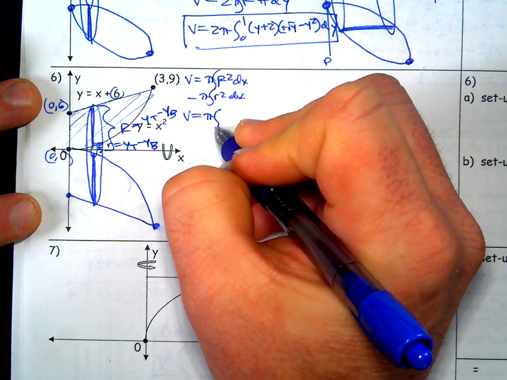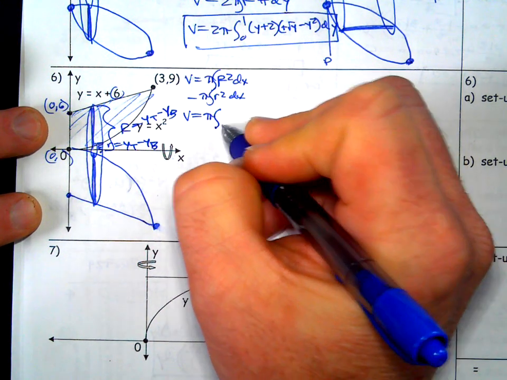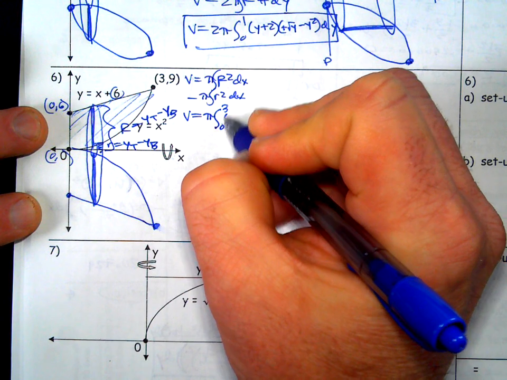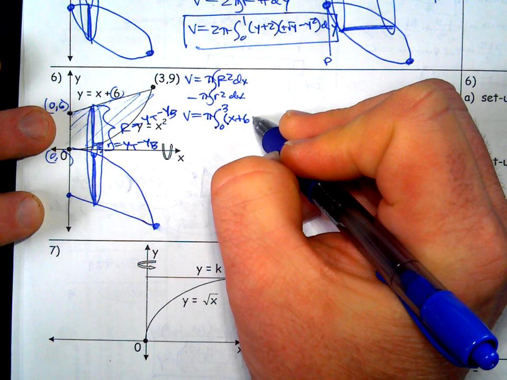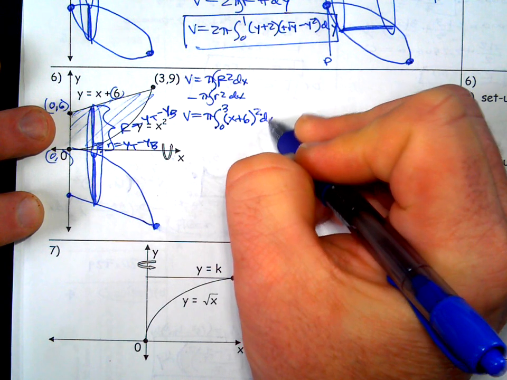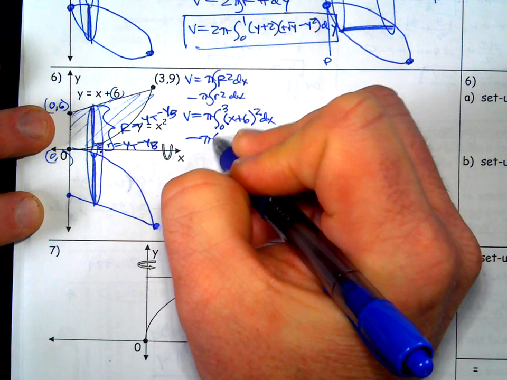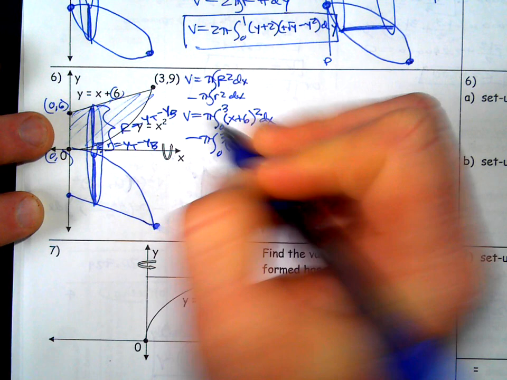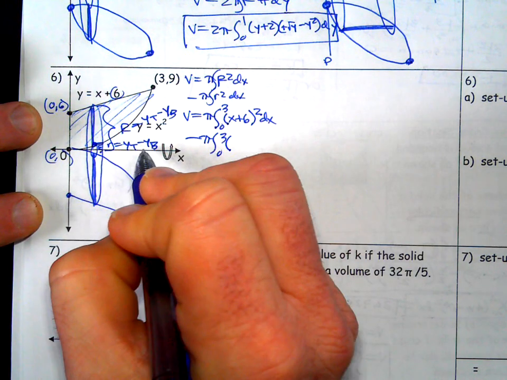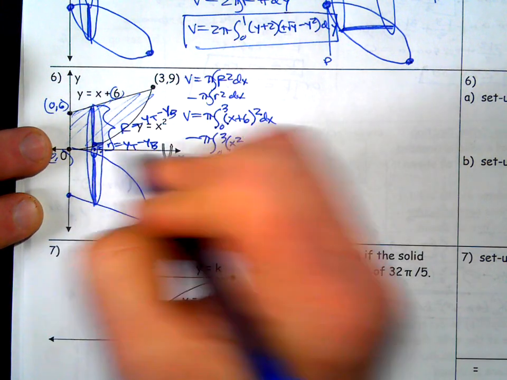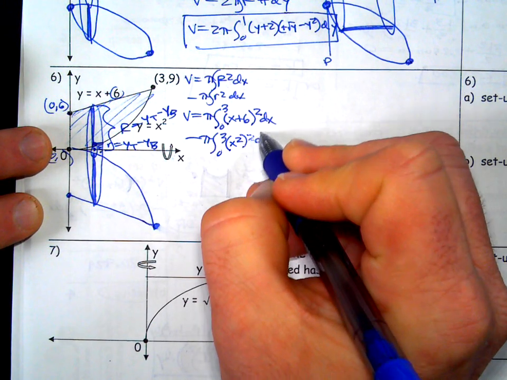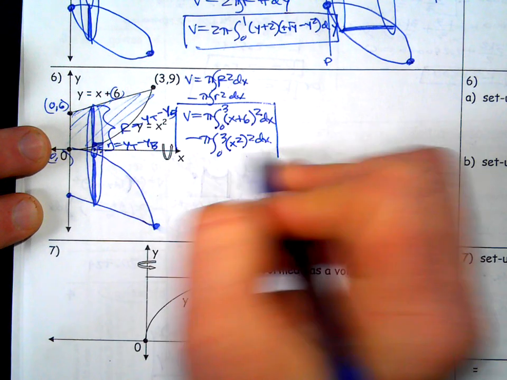We're integrating in the x direction, so 0 to 3. Y top is x plus 6. Y bottom is 0. Minus pi 0 to 3. Y top of the little radius is that parabola x squared, minus y bottom is 0. And so that's your setup for disk washers.